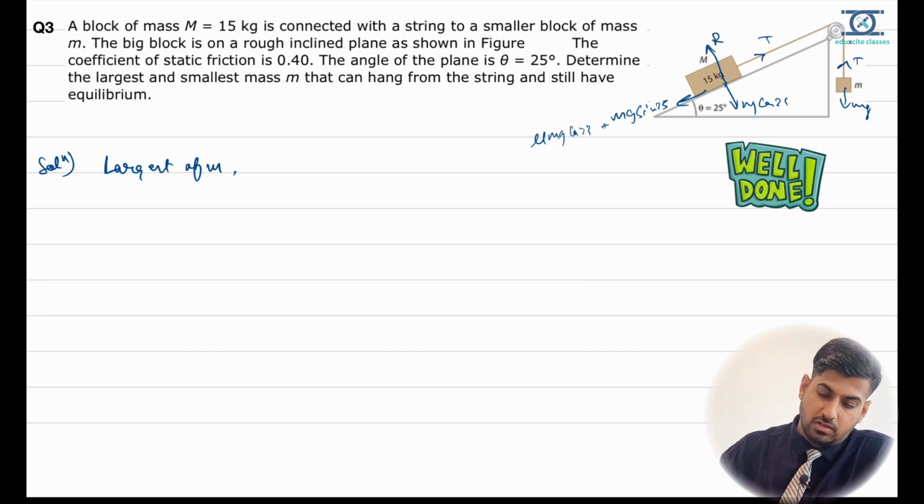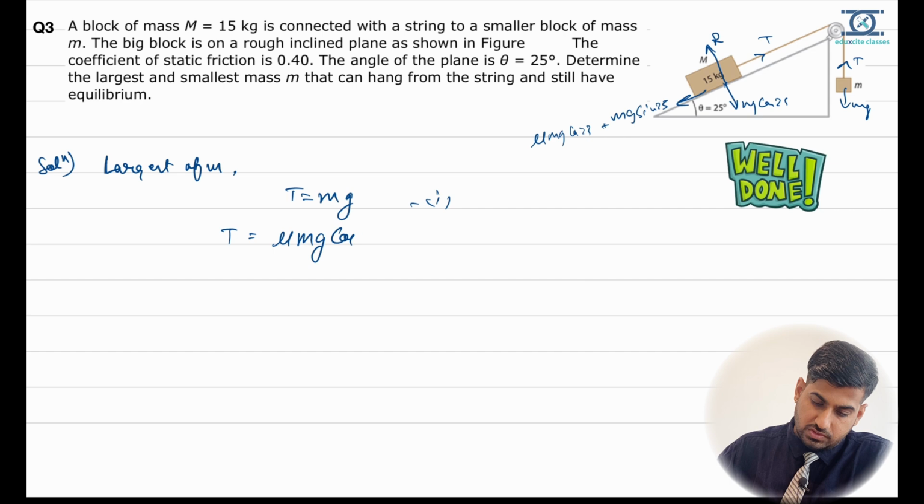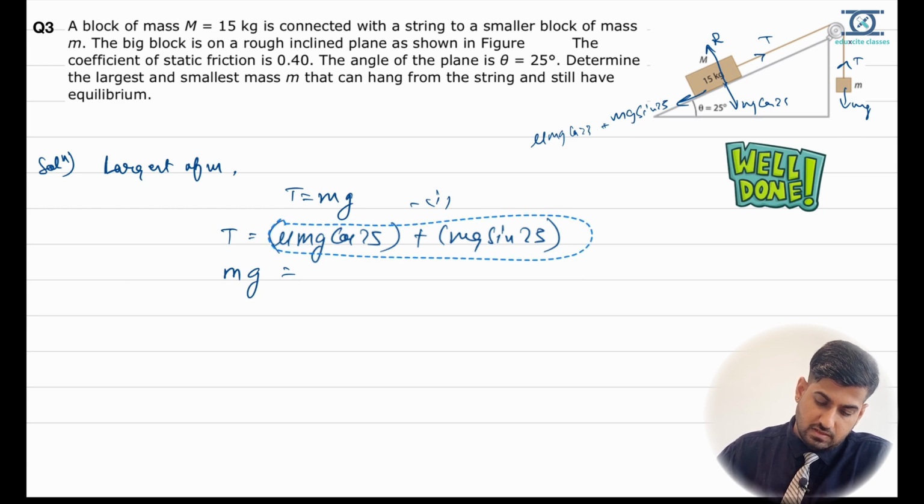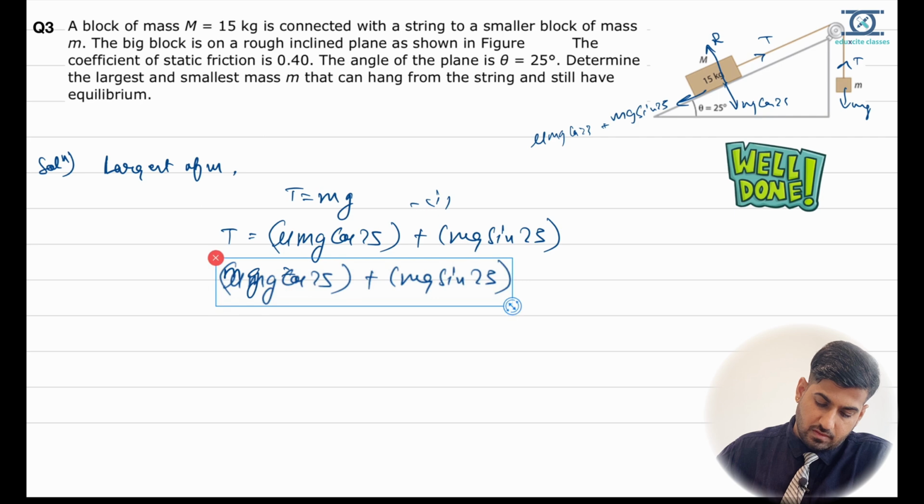So, for the largest value of m, T is equal to mg, no doubt, and the second equation I can write is T will be equal to mu Mg cos 25 plus Mg sin 25, and T is equal to mg, so mg is equal to this, as it is, right?